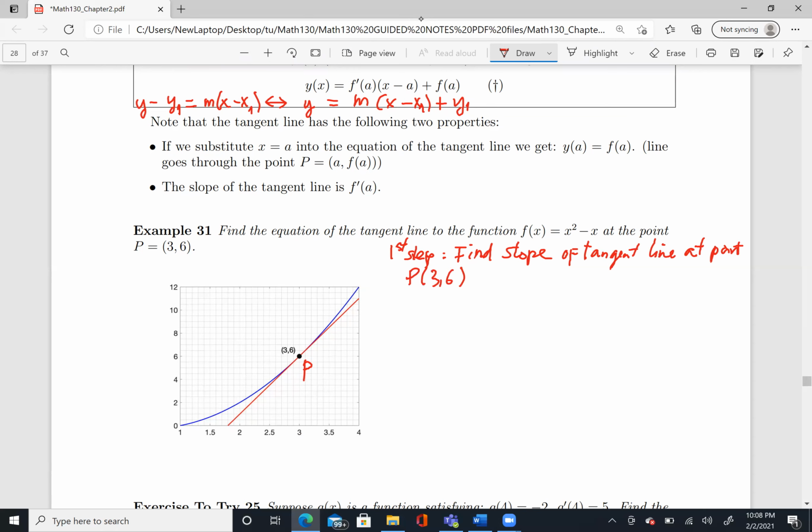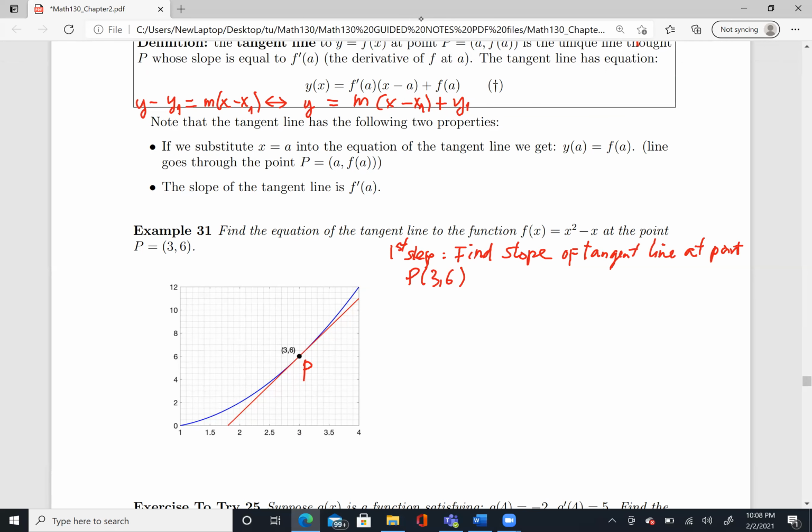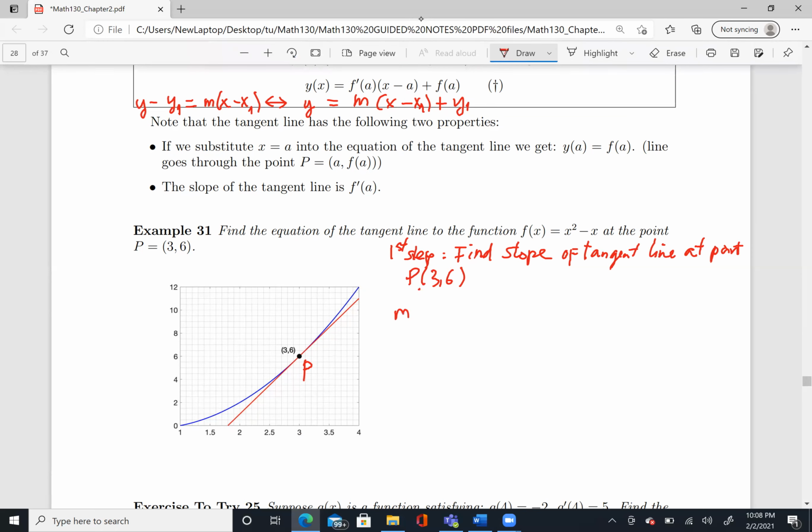So I'm going to write slope equal to f derivative of 3, which is f prime of a over there.